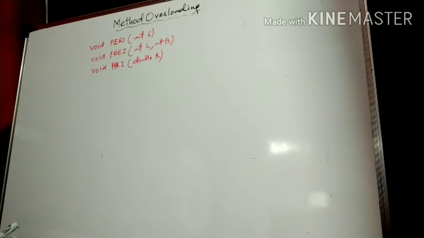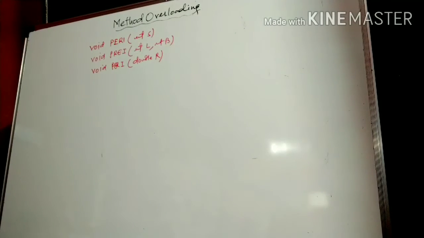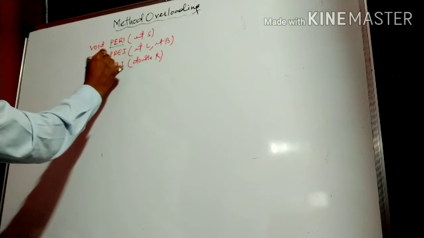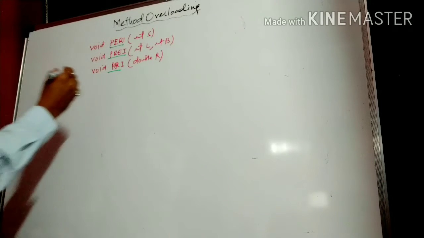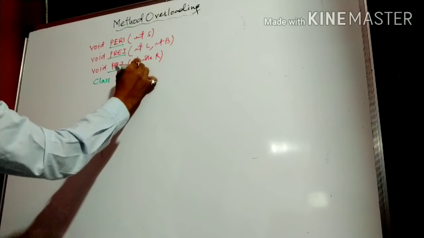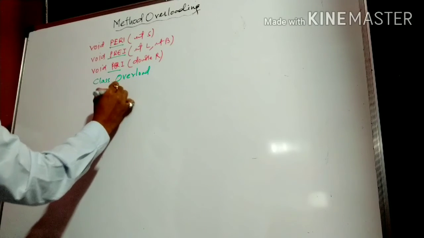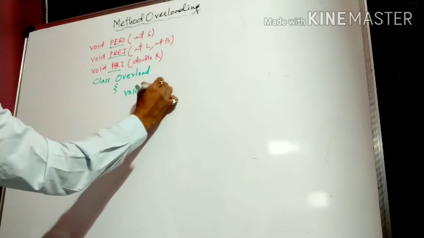So when you see the name of the methods, the names of the methods are the same in the program, PERI, but with different signatures. So here this is a class, suppose the name of the class is overload, here is a void PERI.